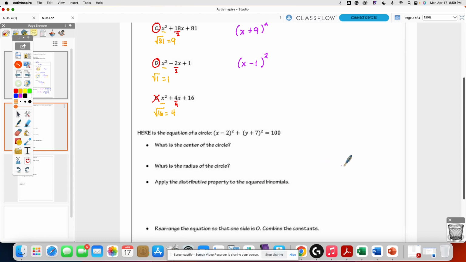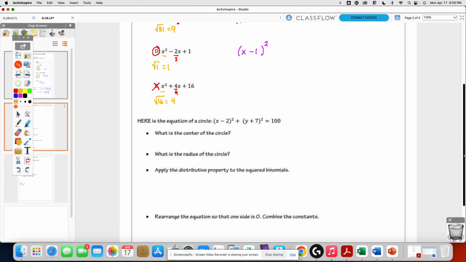So now here is the equation of a circle. Now from lesson 5 or lesson 4, we said that the equation of the circle in center radius form is x minus h squared plus y minus k squared is equal to r squared. Okay? And then when you write down the equation of the circle, you will have to change the sign. The sign switches because this is minus.